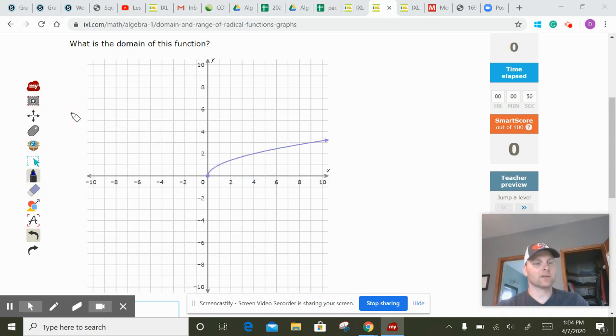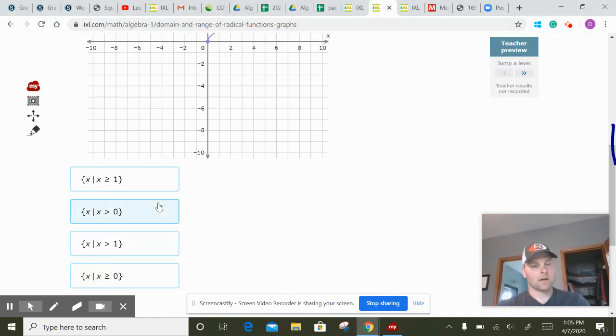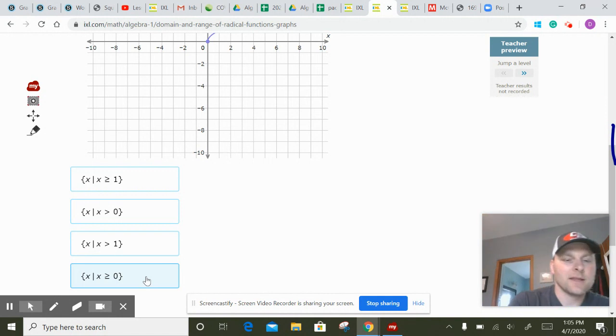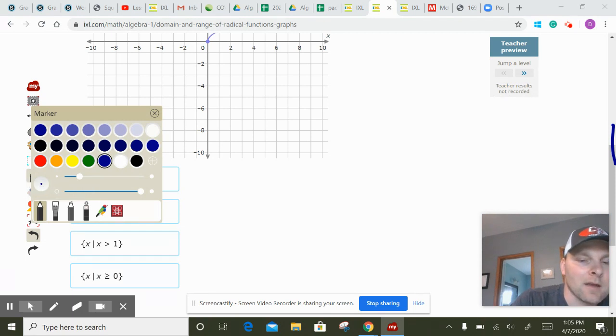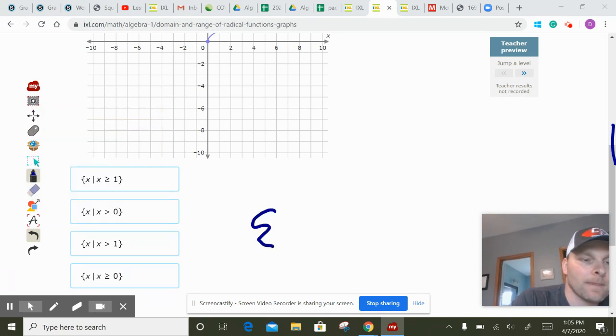Let's see if that's one of the choices. This is multiple choice. Greater than or equal to 0. So these brackets outside of it, this is just called set notation. We didn't spend a lot of time talking about that.